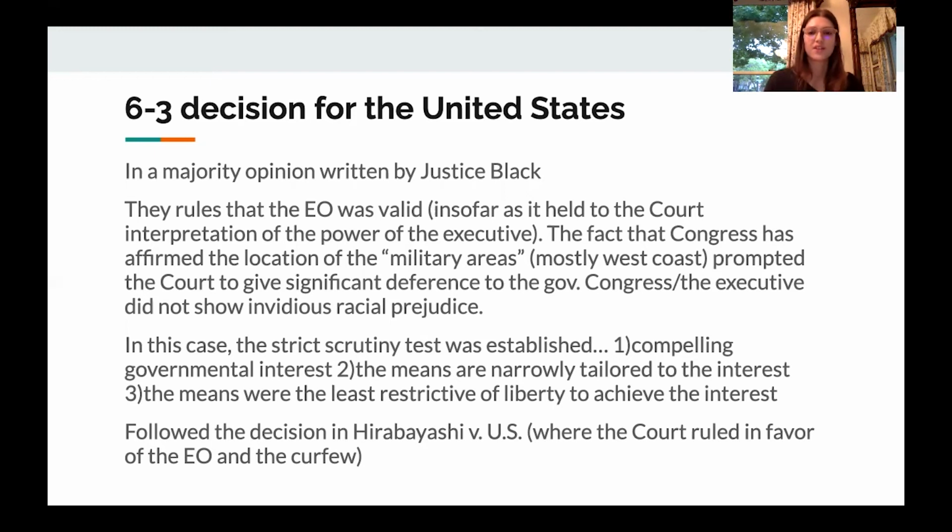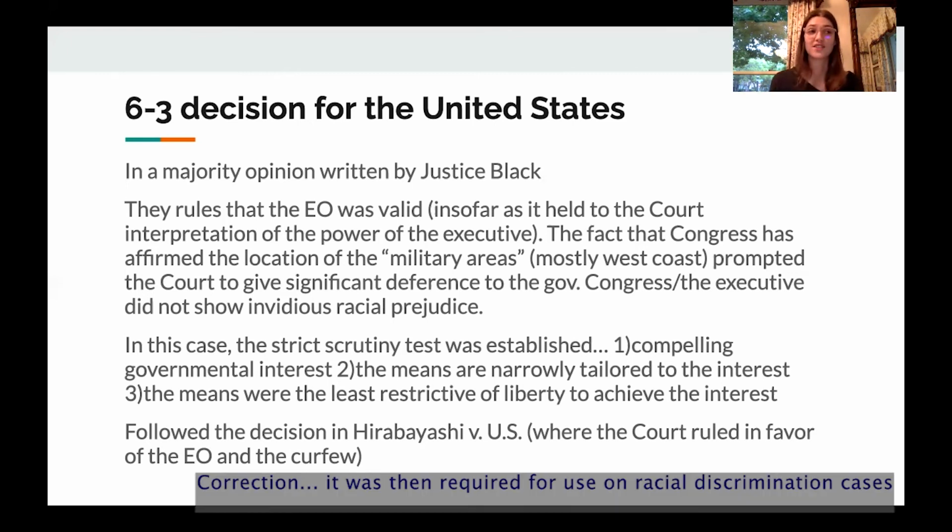The United States government was arguing that they had to institute these military zones and remove Japanese American immigrants and Japanese Americans because they posed a threat to national security. So national security is a wonderful, compelling interest, which brings me to our strict scrutiny test, which was actually created out of this case, which is ironic at best.